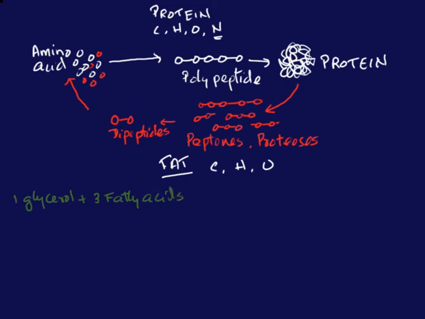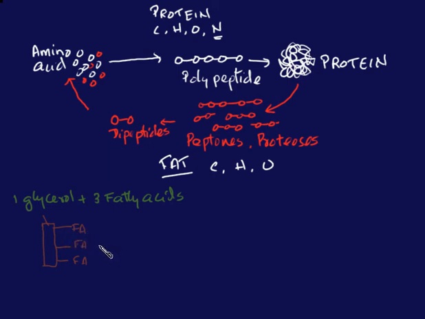I'm going to draw this typical triglyceride. If you draw the triglyceride, this is the glycerol. On the glycerol, you find fatty acids. Those are the fatty acids. This is the smallest unit of fat, or 1 unit of fat.